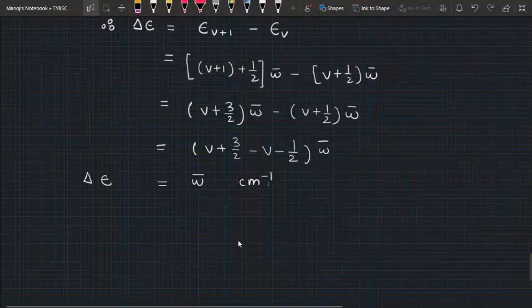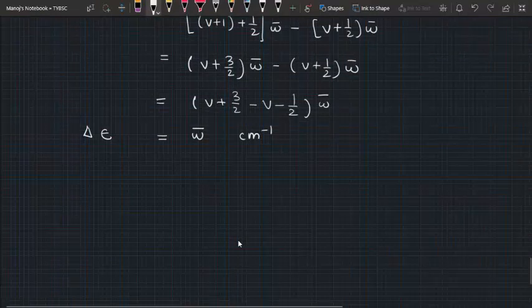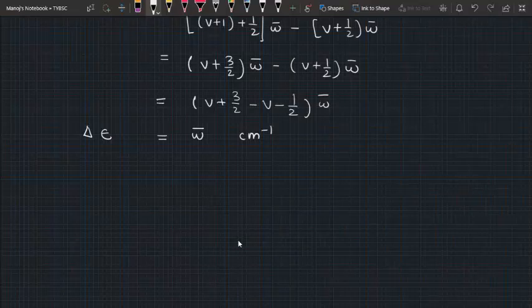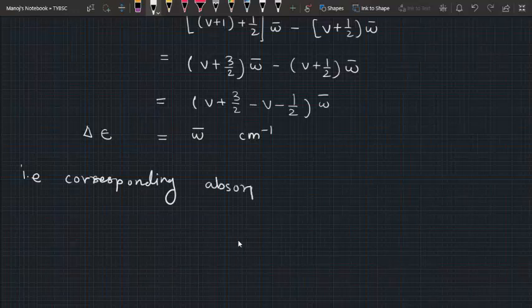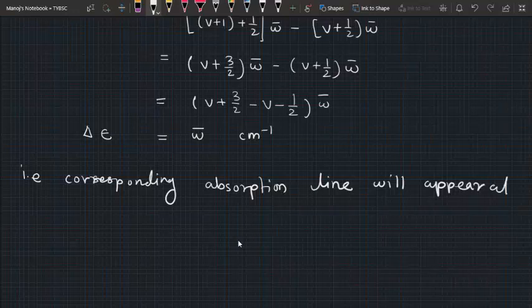Interpretation: the corresponding vibrational absorption line will occur at the fundamental vibrational frequency omega bar, in centimeter inverse, at this position in the spectrum.